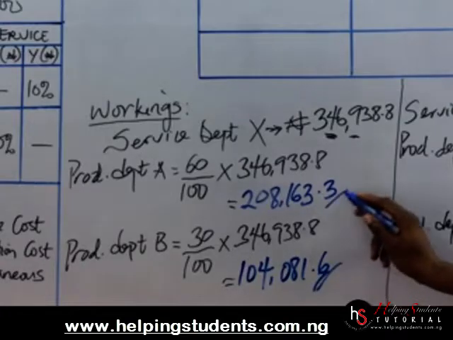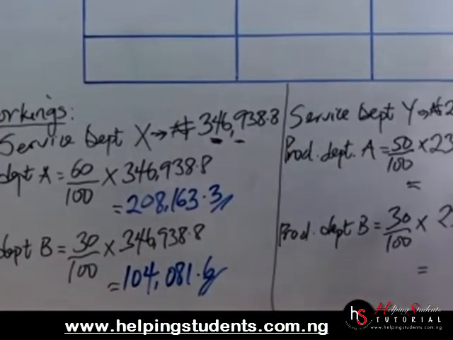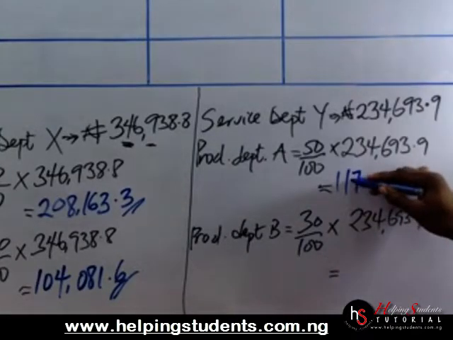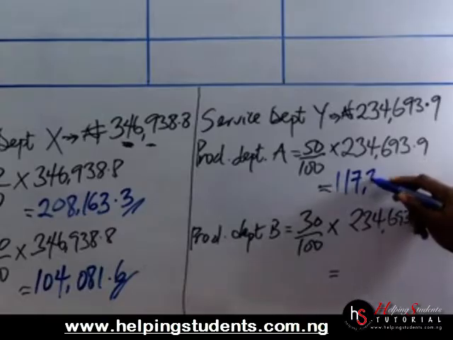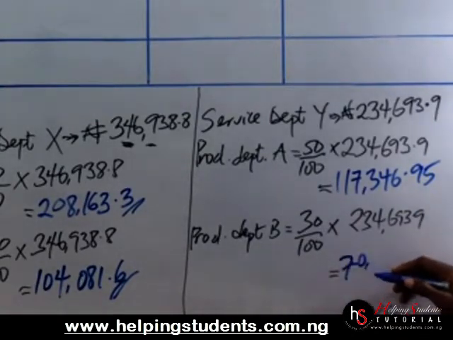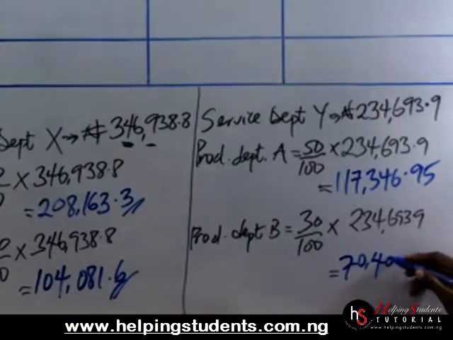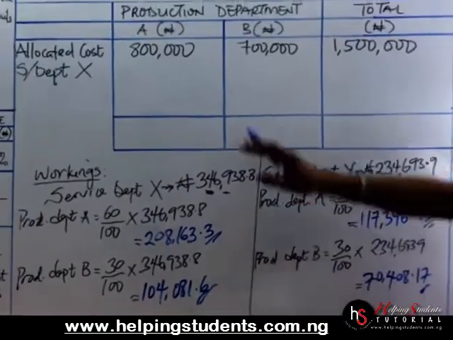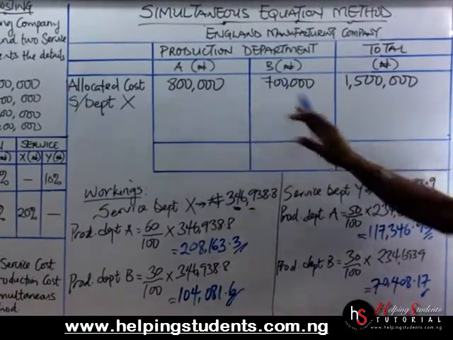All right, this is for A and this is for B. Now under this value we have what? 117,346.95. Then production department B, we have 70,408.17. So these values which we had are going to be inserted in the table we have above.